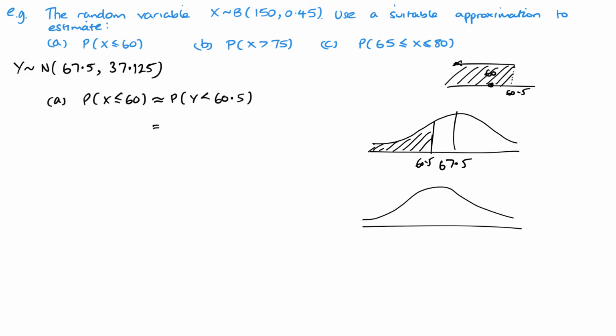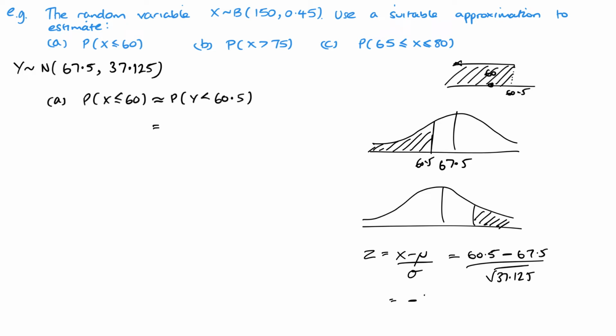So we're actually going to end up with something this side, and we're going to end up with a 1 minus. So let's find that value of Z. Now, if you remember, Z is x minus the mean over the standard deviation. So in this case, that's 60.5 minus 67.5 over the square root of 37.125.